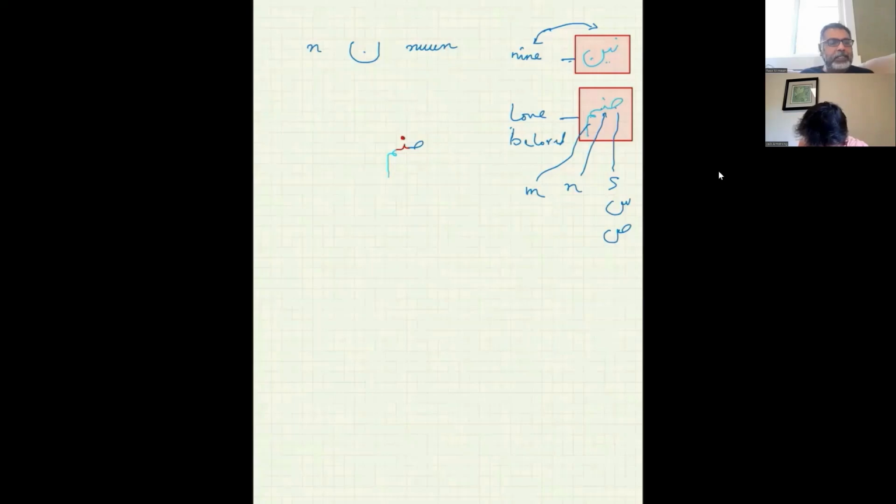And then let's write 9, which is what I think this word is. So this is our N, followed by Choti Ye, the long E sound, and then another N at the end. 9.